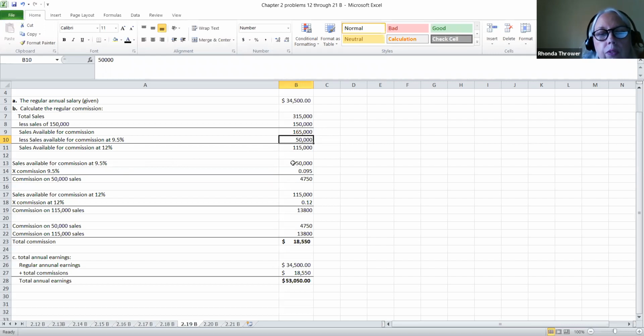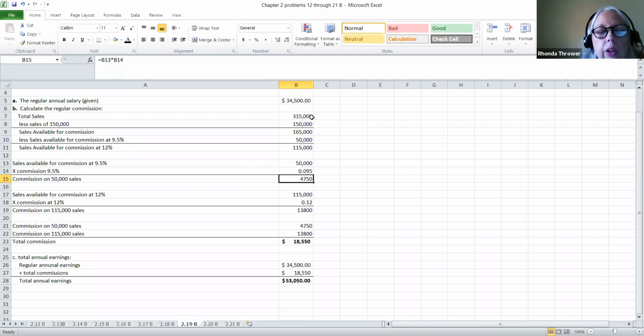So we're going to take 50,000 and multiply it by 9.5%, and that's going to give us a total commission on those 50,000 above the quota of 150,000. She gets commissions of 4,750. She also gets a commission at 12% based on 115,000.